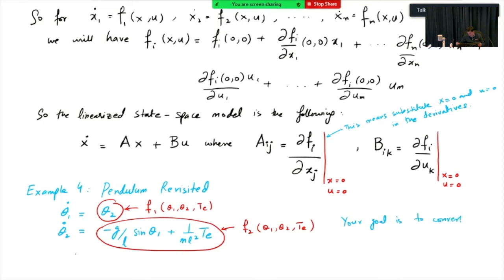Is to convert this into linear state space, right?